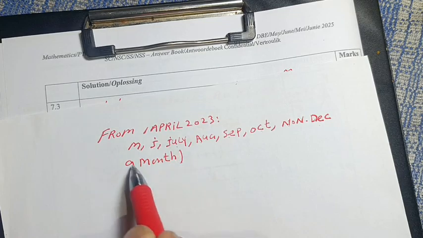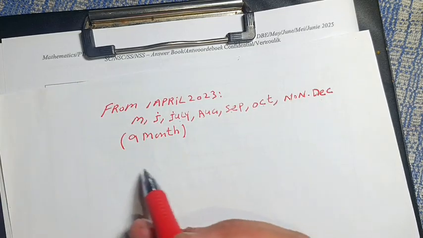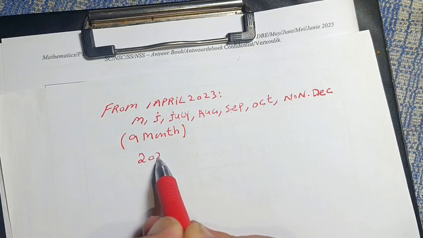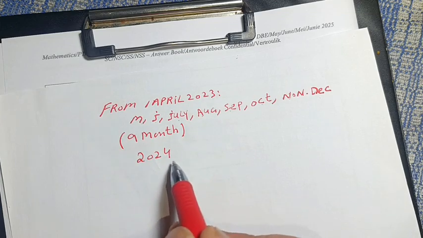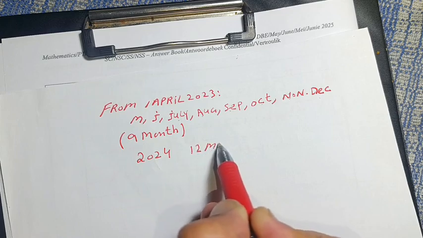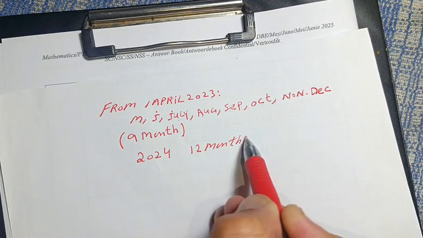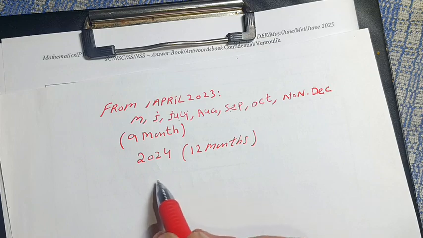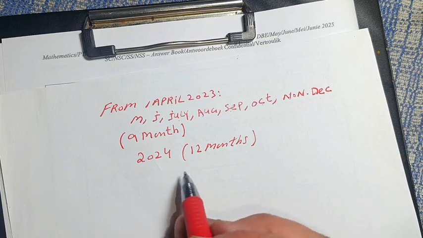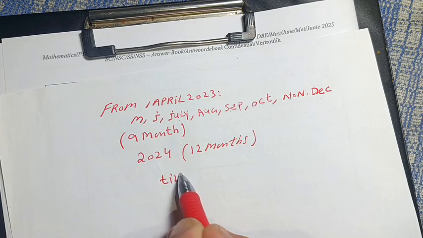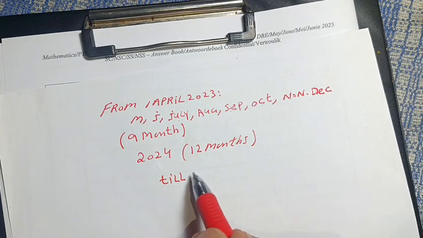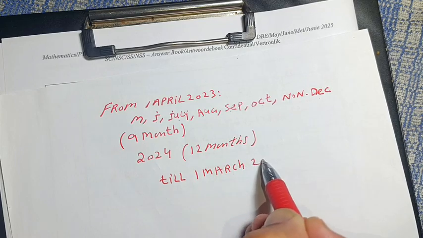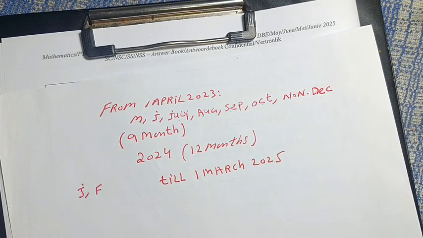Now the whole year 2024, we must not forget that. 2024 has 12 months, so those 12 months are also included here. And then 2025, she has until 1 March 2025.